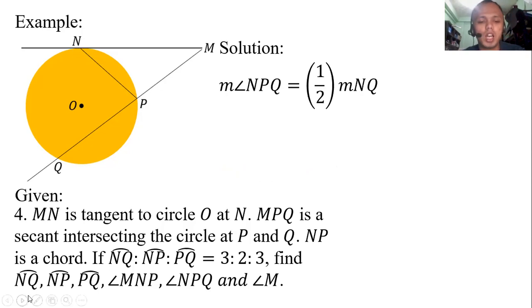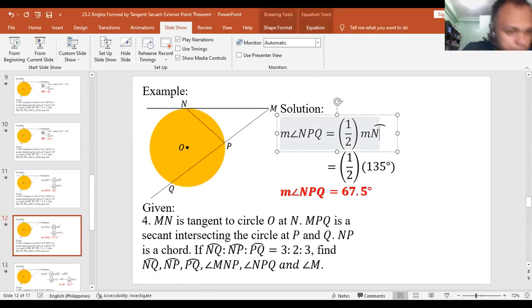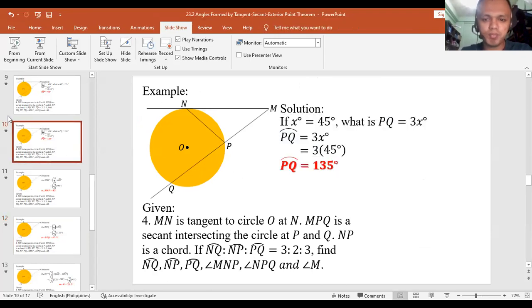Next, measure of angle NPQ. Ito yon. So yung measure of angle NPQ is also applying the inscribed angle theorem. Yung intercepted arc niya is NP. Palitan natin to. Should be NQ. Let me check.